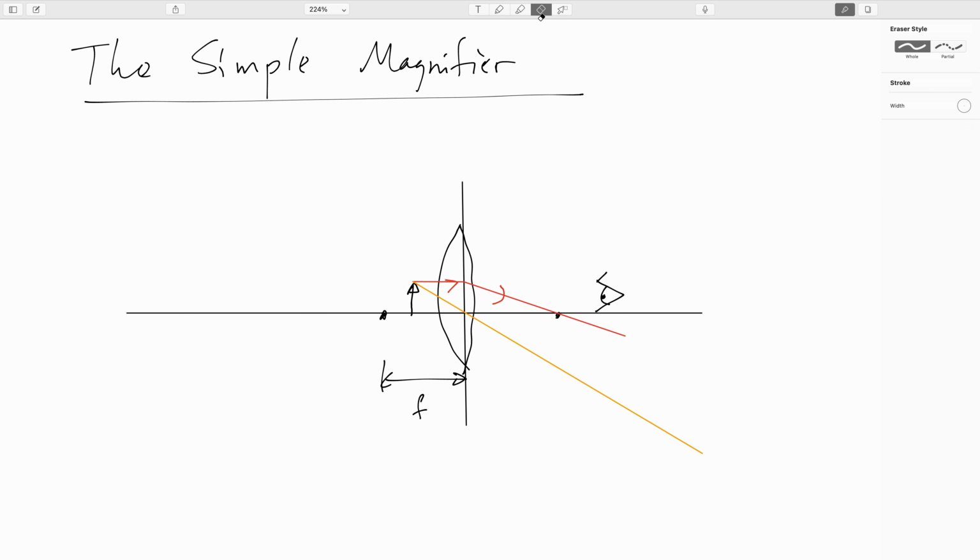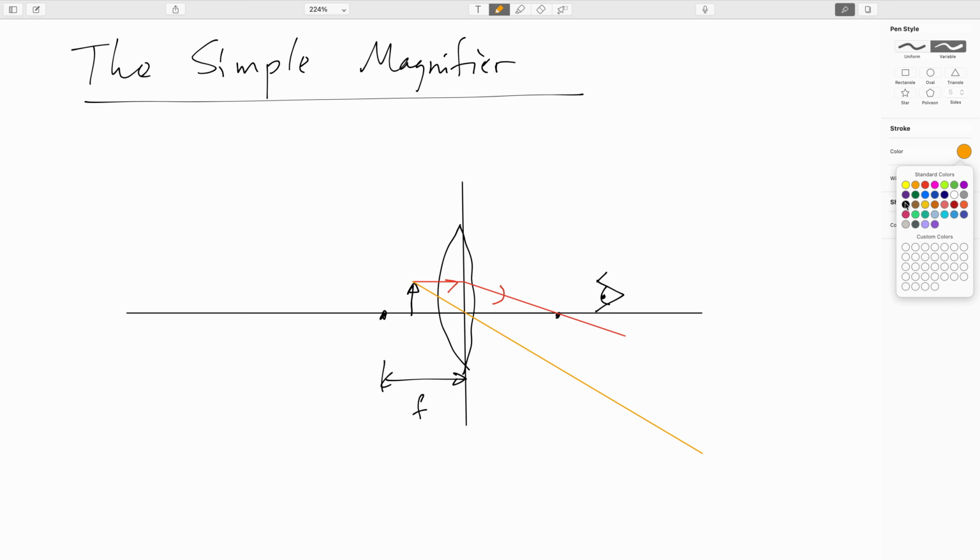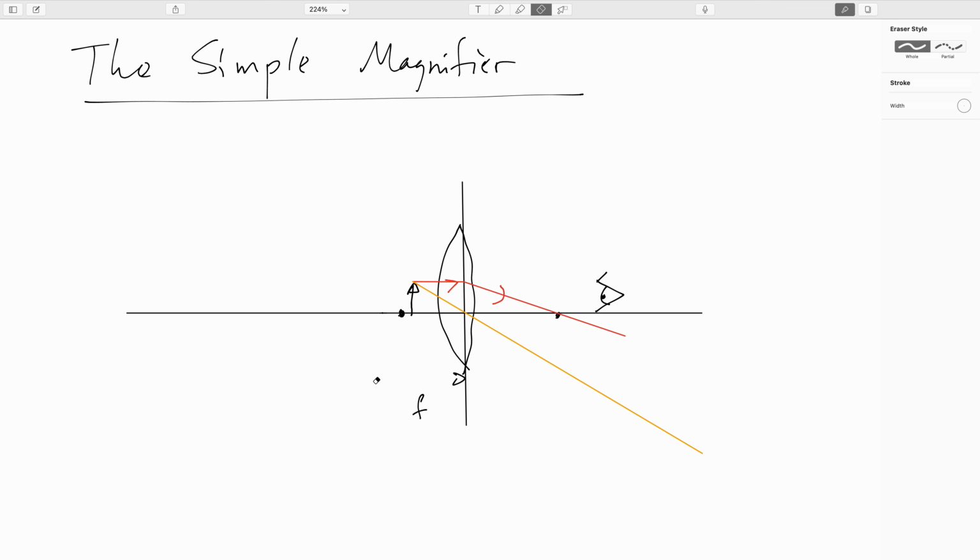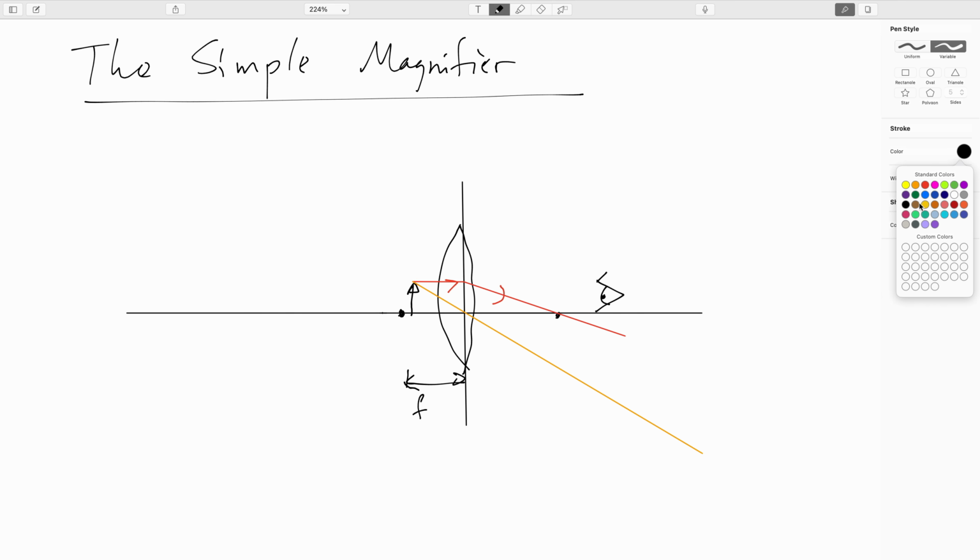Here, actually, let's fudge that focal point just a little bit. Right there. There we go. By doing that, you'll park the image basically out at infinity, which is good because then your eye can be relaxed when you're looking at it.